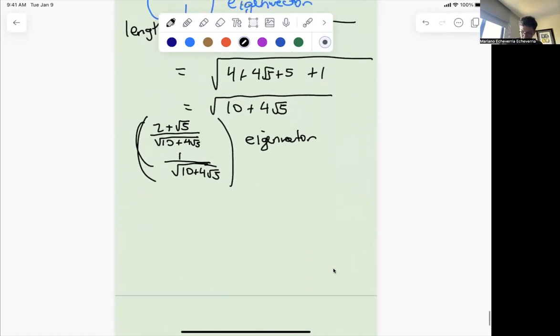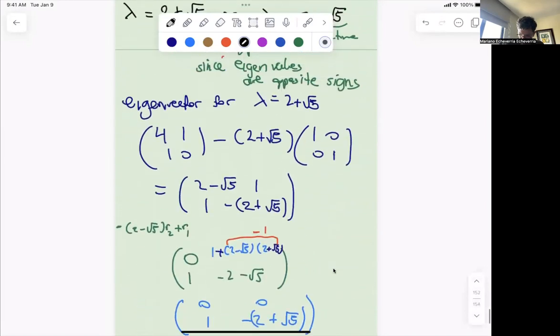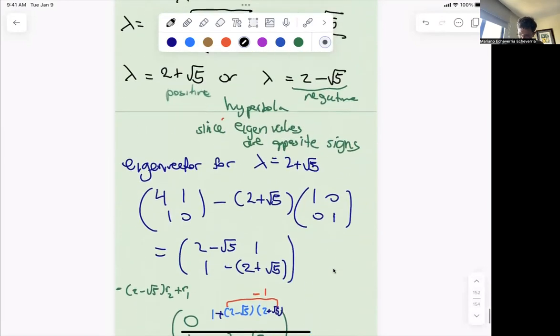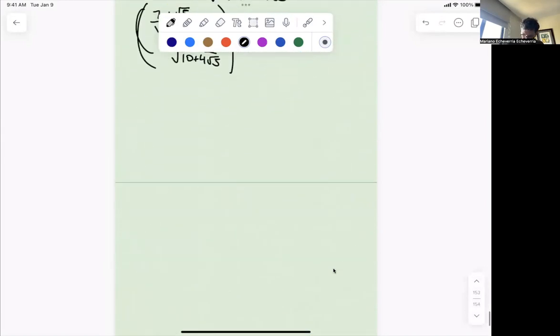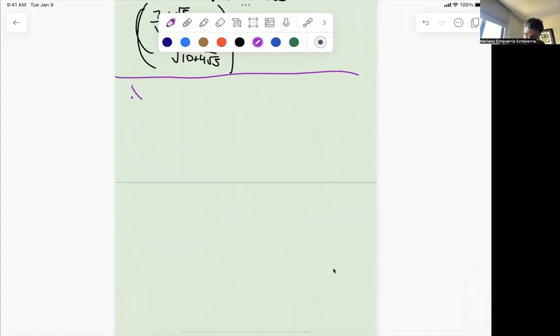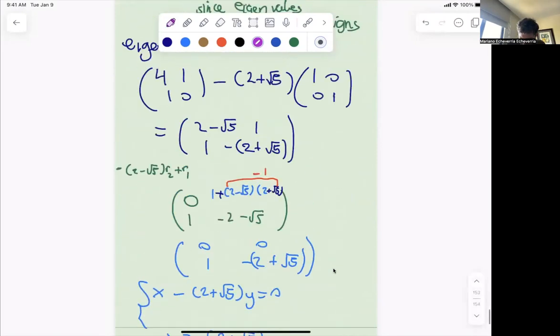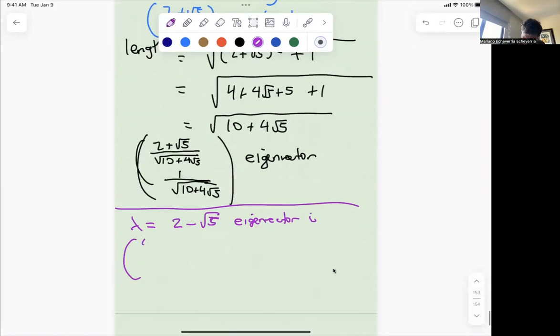And then for the other eigenvector, with 2 minus root of 5. For the eigenvalue 2 minus root of 5, what's the eigenvector? Well, what was the matrix? It's 4, 1, 1, 0 minus this.